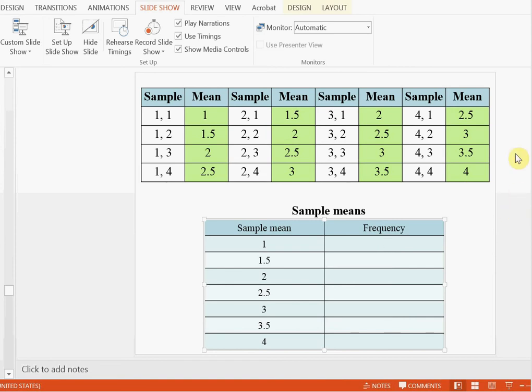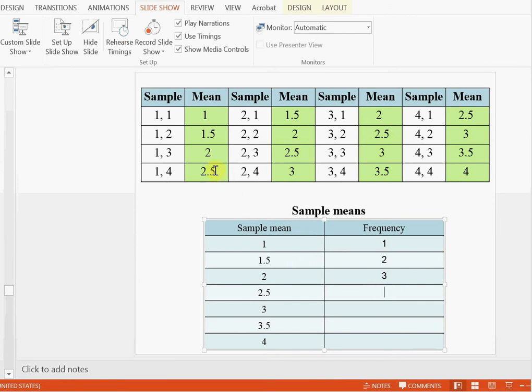Sample mean 1 occurred 1 time. Sample mean 1.5 occurred twice. Sample mean 2 occurred 3 times.